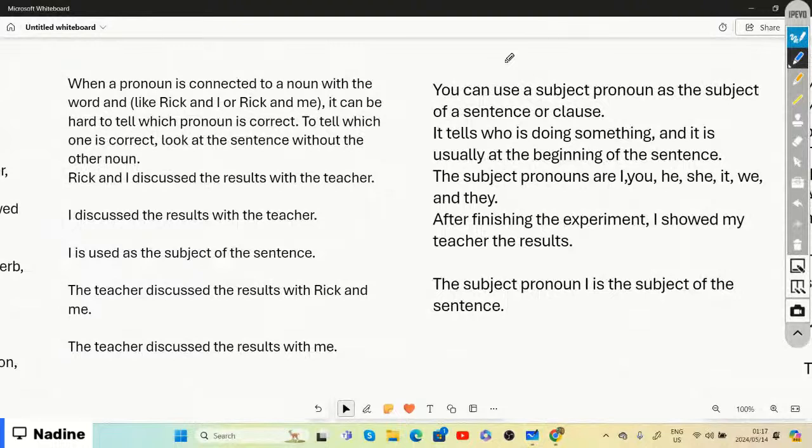So Rick and I discussed the results with the teacher. I discussed the results with the teacher is then used as the subject pronoun, right? That is if we now had to remove, for example, Rick.